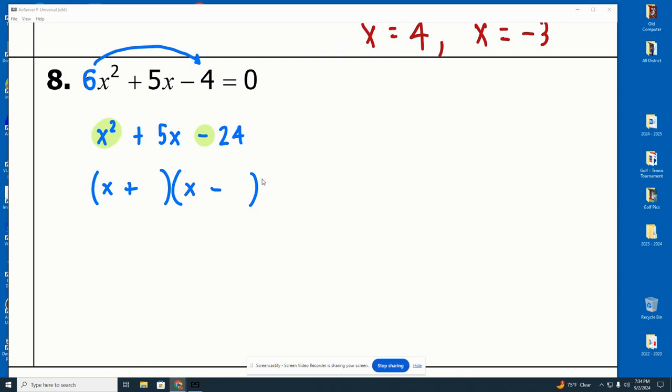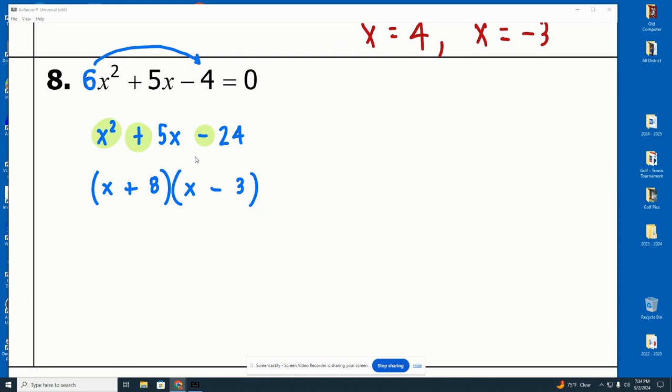Now, you're welcome to look at those values, but those values are 8 and 3. 8 times 3 gives me 24, and the difference between 8 and 3 is 5. So the last thing I do is I say, hey, plus wins. So when these 2 numbers are fighting, 8, the bigger factor, has to go with that plus sign because it needs to win. So we've got 8 here, and we've got 3 here.